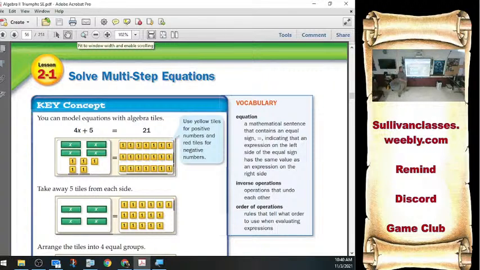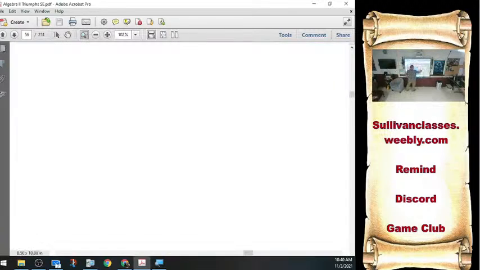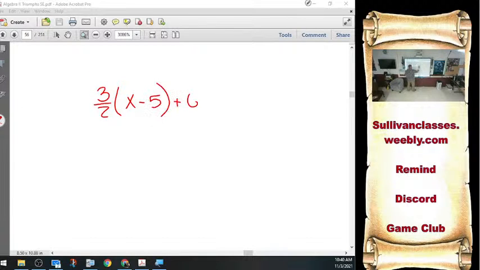If I were to just give every single one of you in here an equation and say solve and check. Ew. Right? Especially if you start throwing fractions in there.